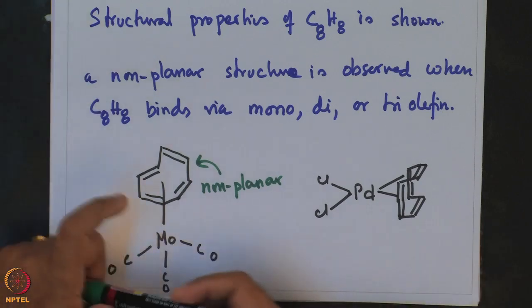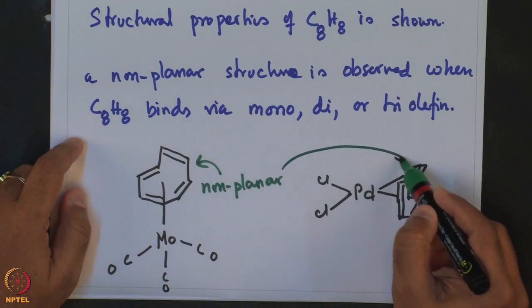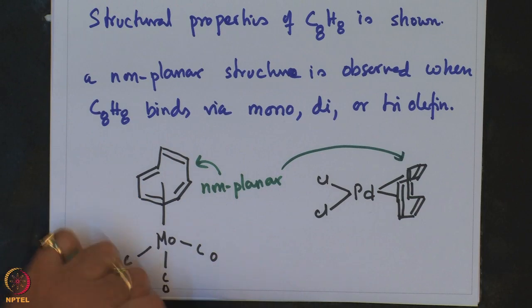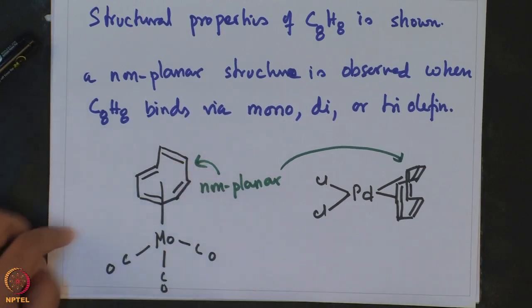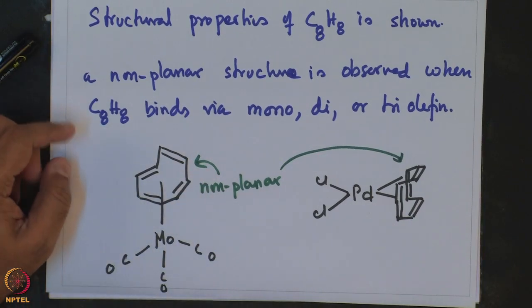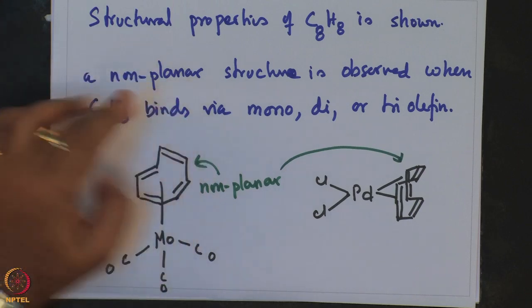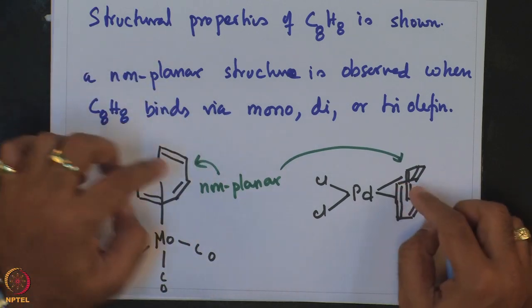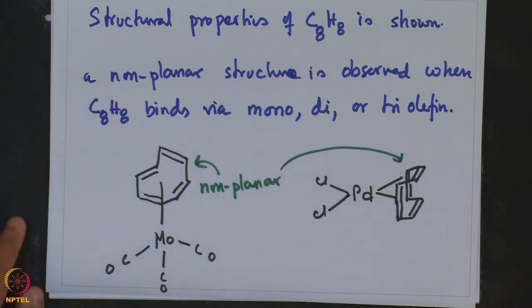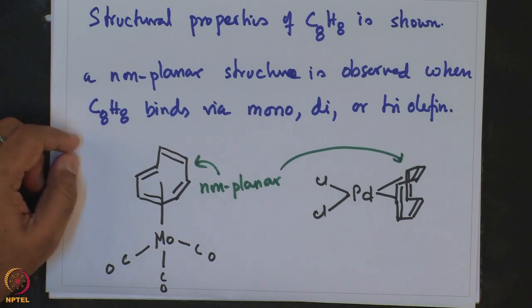So, what one sees is that when this C8H8 ligand binds via mono or di or tri olefins, one will obtain a puckered or non-planar structure.